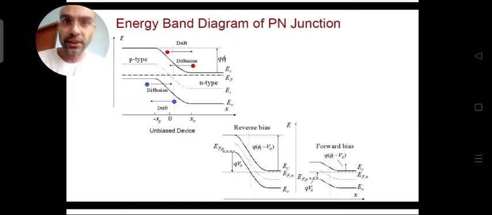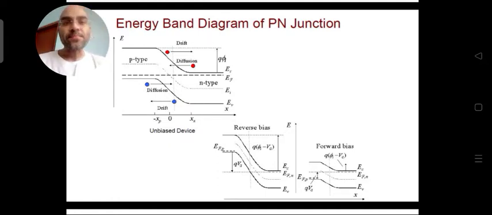But as soon as the built-in potential is formed, the valence band and the conduction band align with each other, whereas because of the difference between the conduction band of the p-type and the conduction band of the n-type, this potential is built up.